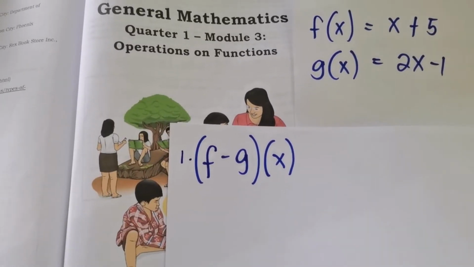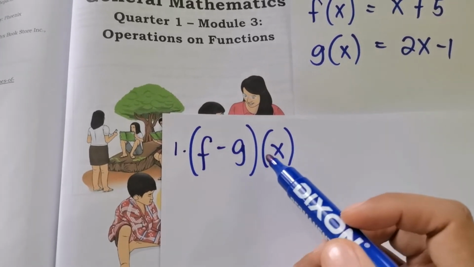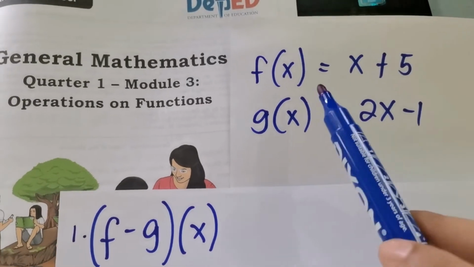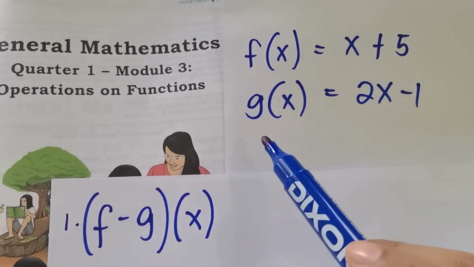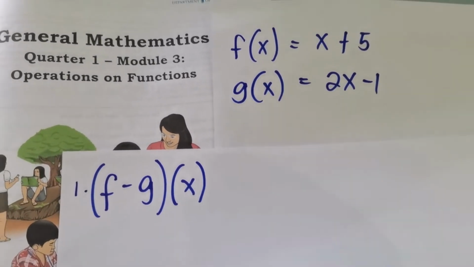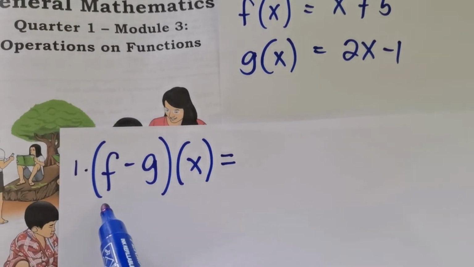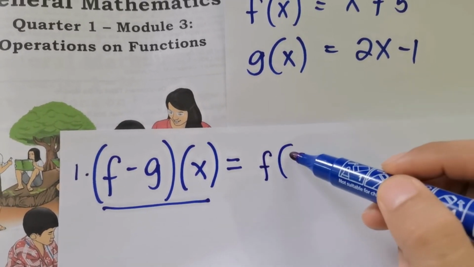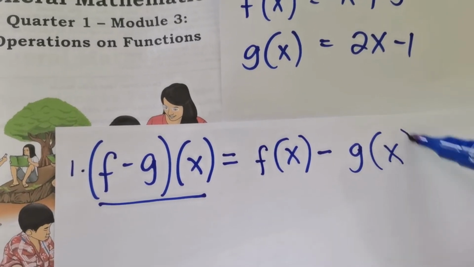We are going to find the quantity f minus g of x given the functions f of x equals x plus 5, and g of x equals 2x minus 1. In the definition, this is equal to f of x minus g of x.